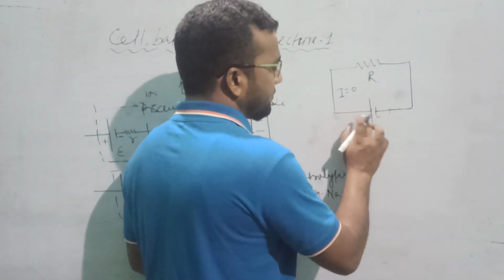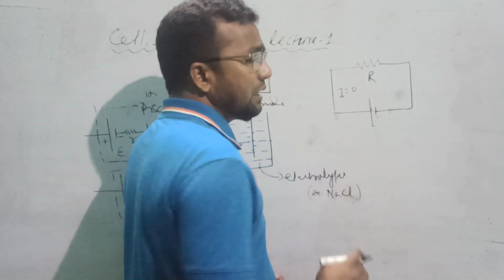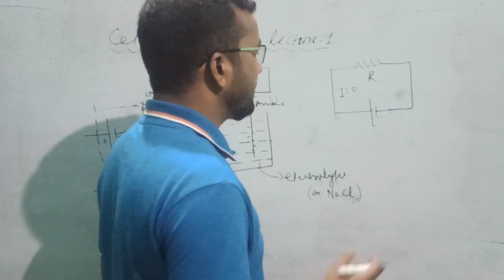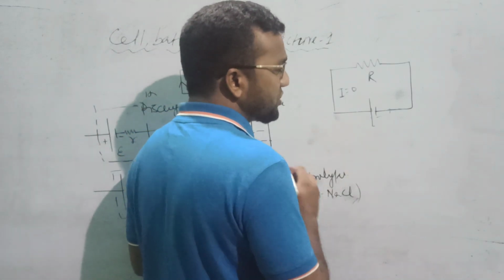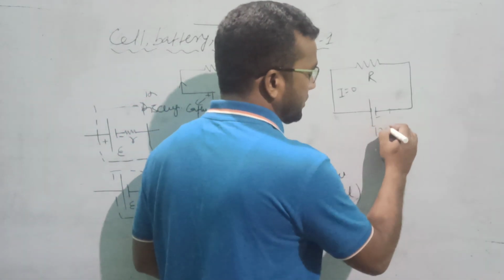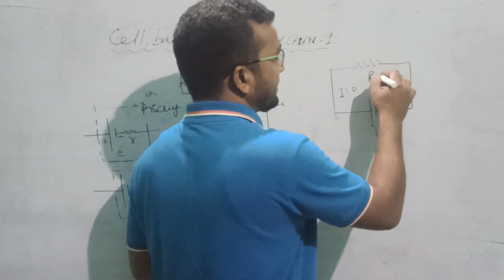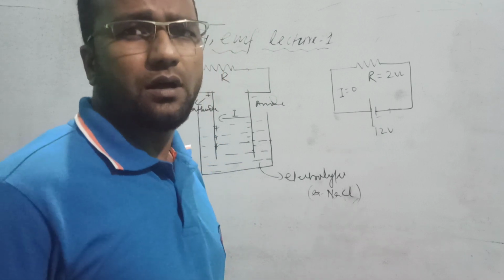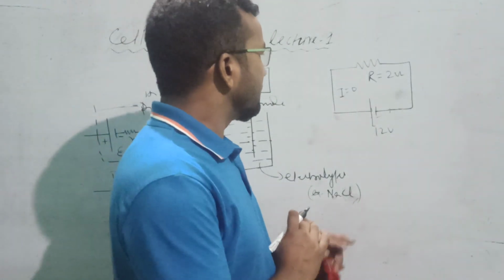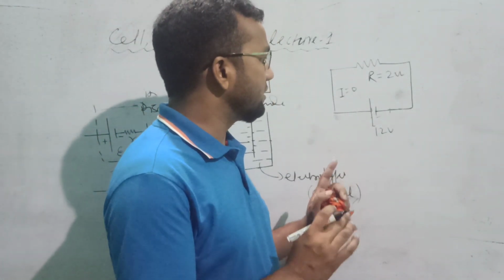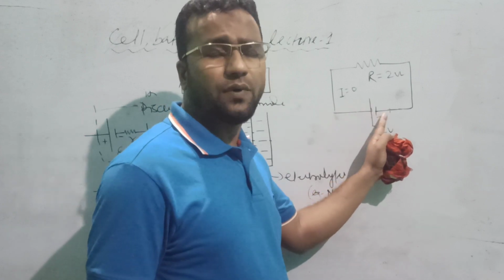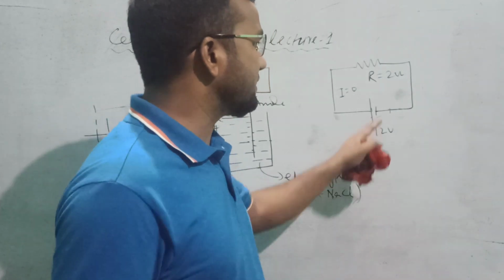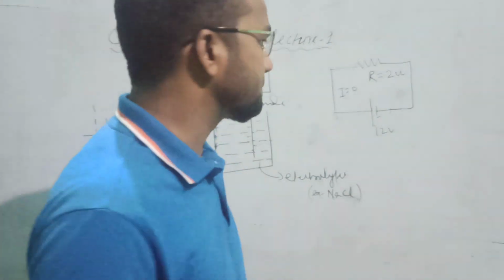Now if in an example or in a numerical, it is given that the potential of a cell is 12 volt, connected to an external resistance of 2 ohm. If there is no value given for the internal resistance of a cell, then we mean that this cell is an ideal cell.